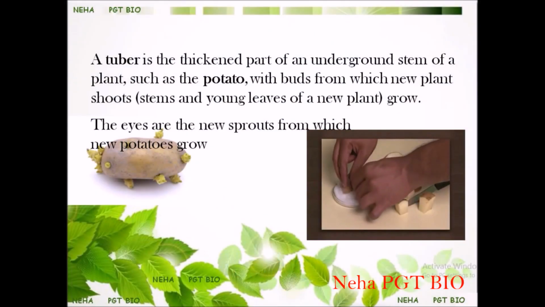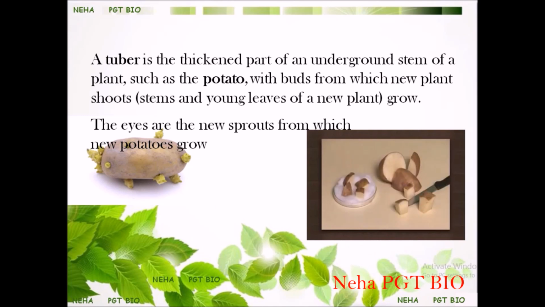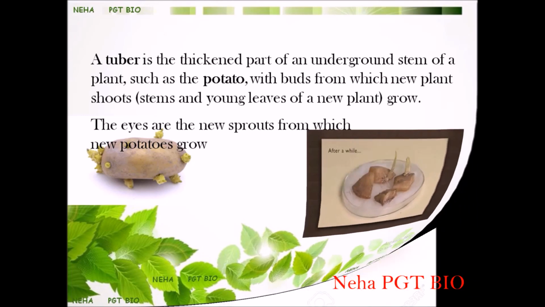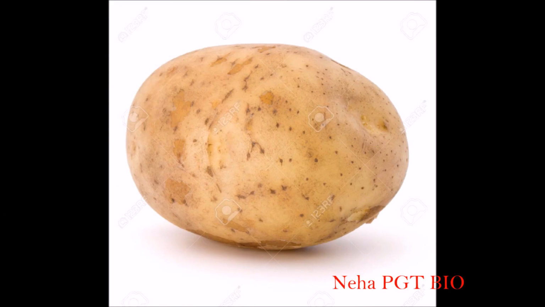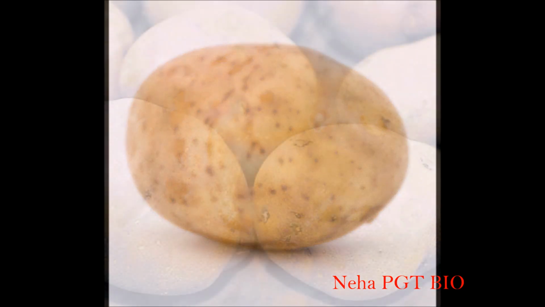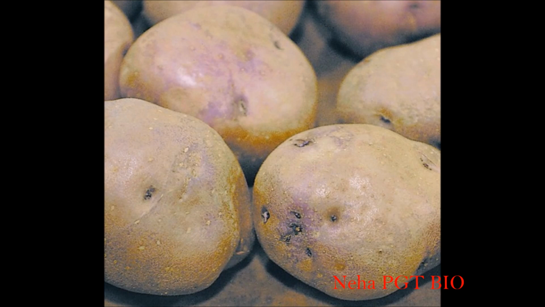Another example of vegetative propagation by stem is tuber, as in the case of potato. When we observe a potato, we must have observed many scars present on its body surface. These scars are called eyes of potato.